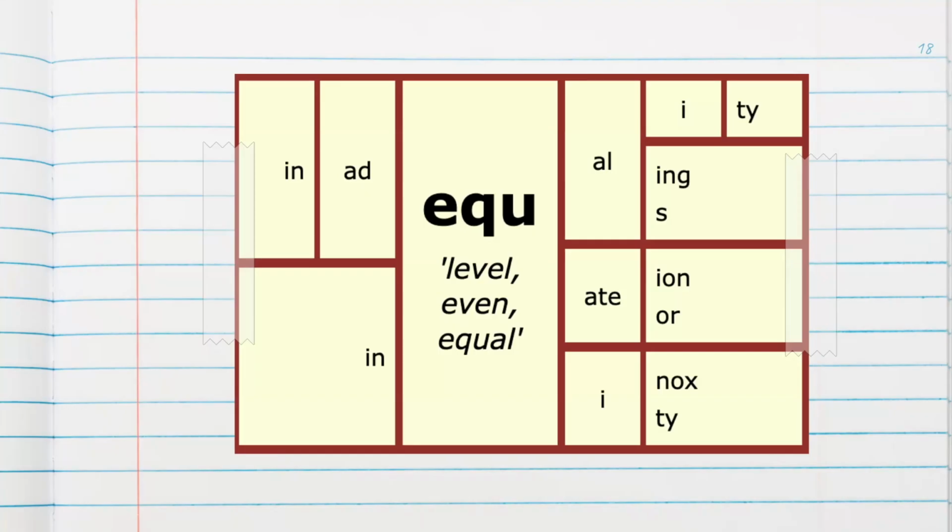Might be kind of fun to have this conversation and talk about what do math and social studies or geography have in common? What does it mean to be adequate or inadequate? And what are the words that you can build using a matrix to help you figure out what the pieces are?